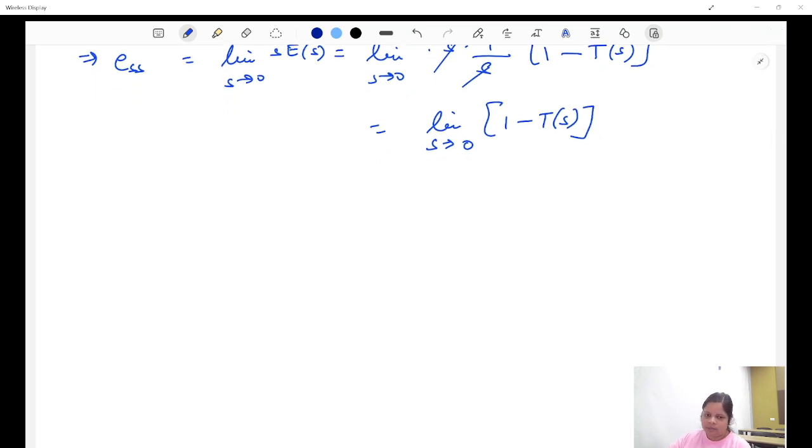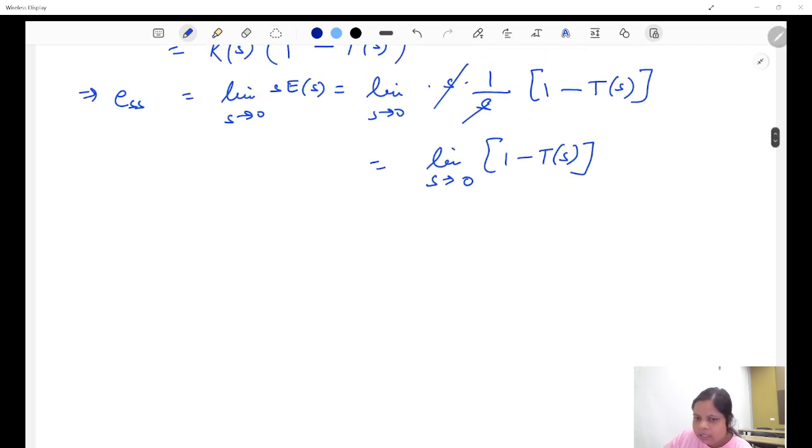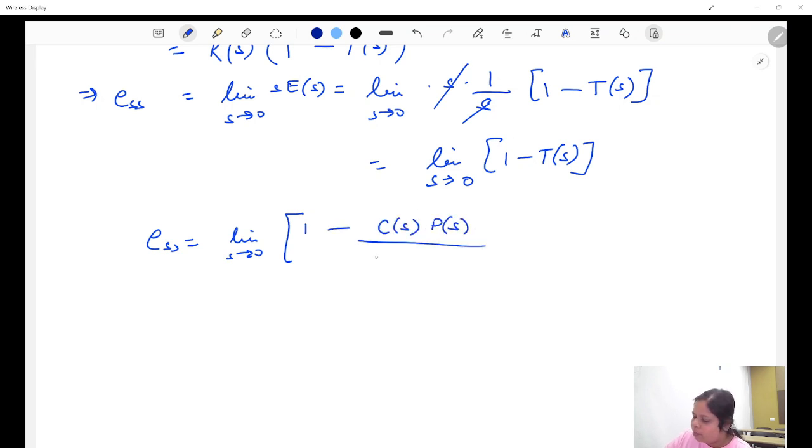Once you have this, what we'll do next is write ESS as limit S tends to 0 of 1 minus CS into PS upon 1 plus CS PS.